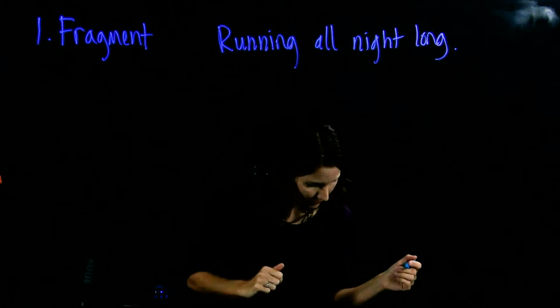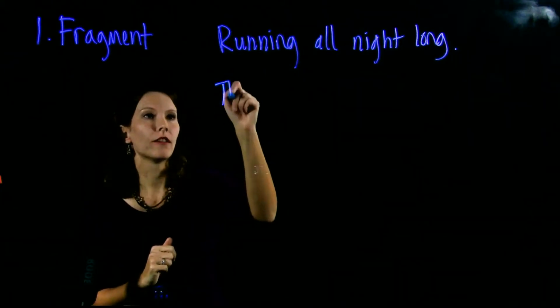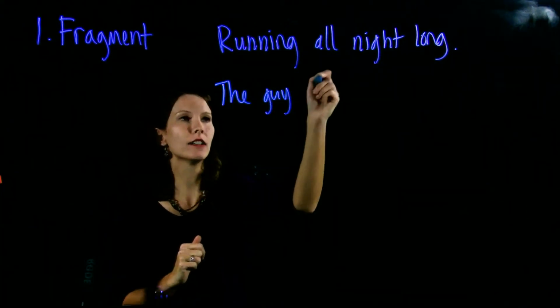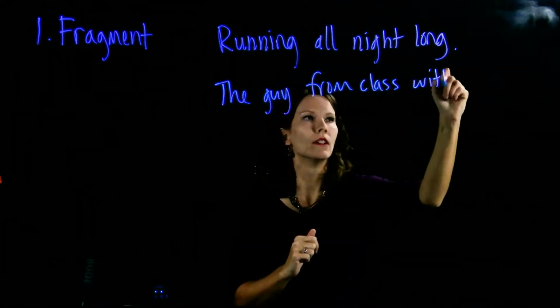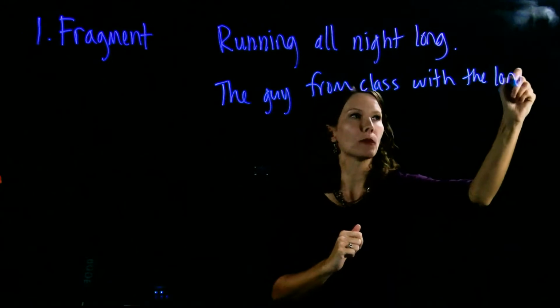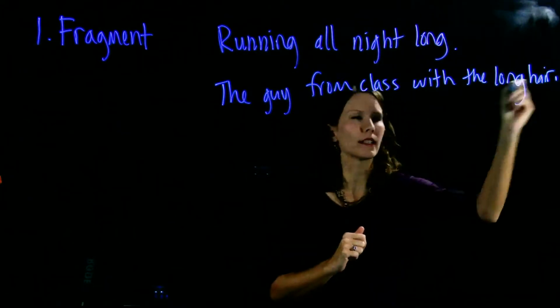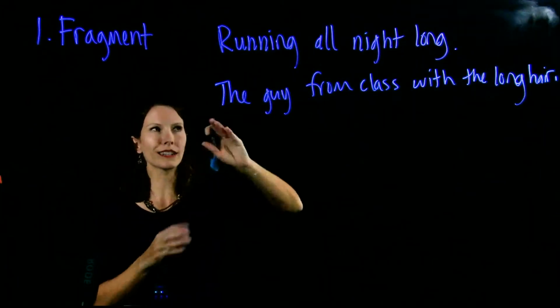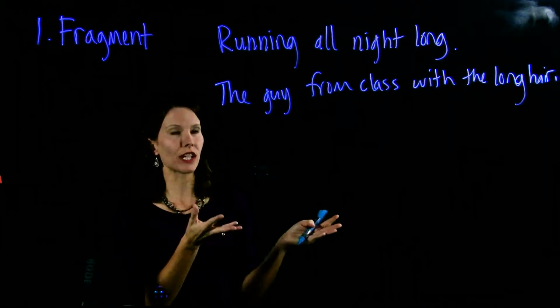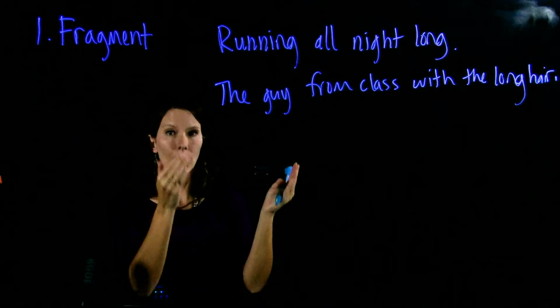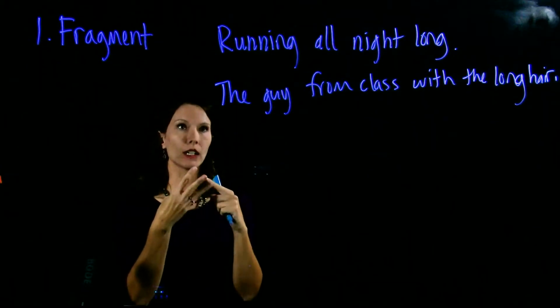Let me give you another example. If I have the guy from class with the long hair. This is a long group of words. It looks like it could be a sentence because it goes on and on, but don't let the length of the group of words sway your opinion or your understanding of whether it's complete or not. What it needs is a subject, a verb, and a complete thought.